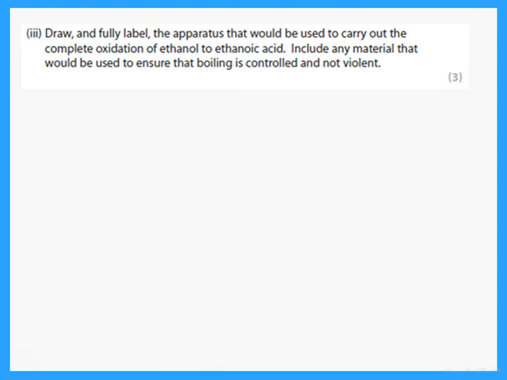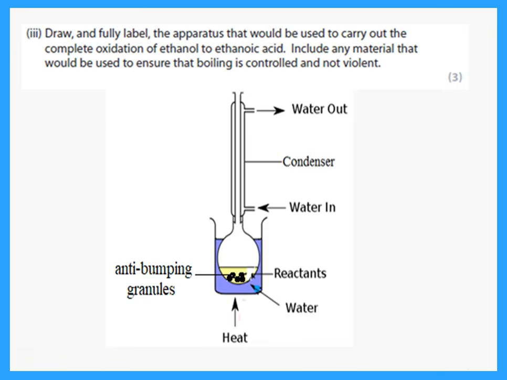Draw and fully label the apparatus that would be used to carry out complete oxidation of ethanol to ethanoic acid. Remember, if I want the primary alcohol to continue oxidizing until it forms acid, I need to heat it under reflux. And we said this is the kind of apparatus that we use for heating under reflux. It says include any material that would be used to ensure that boiling is controlled.